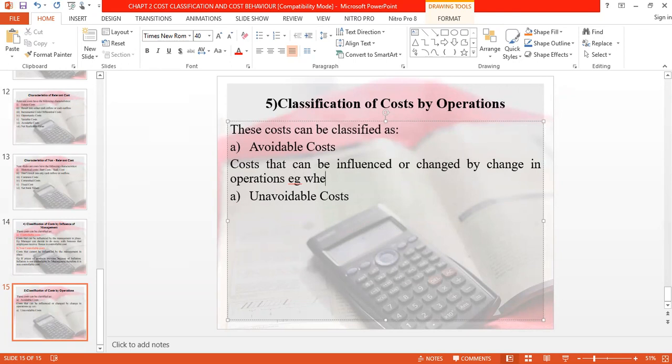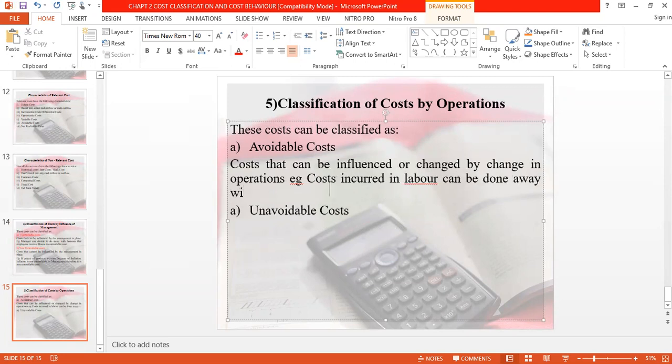For example, labor costs incurred in labor can be done away with by introduction of machines or adoption of a new technology.